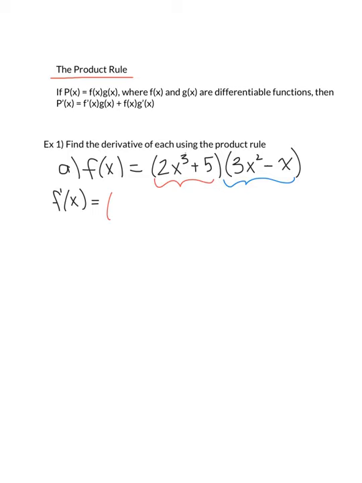So we're going to take the 3, multiply by the 2, and we're going to get 6x squared because we're lowering this power by 1. And our plus 5 is a constant, so it goes away, multiplied by the original second, plus our original first, so the 2x cubed plus 5, times the derivative of the second.